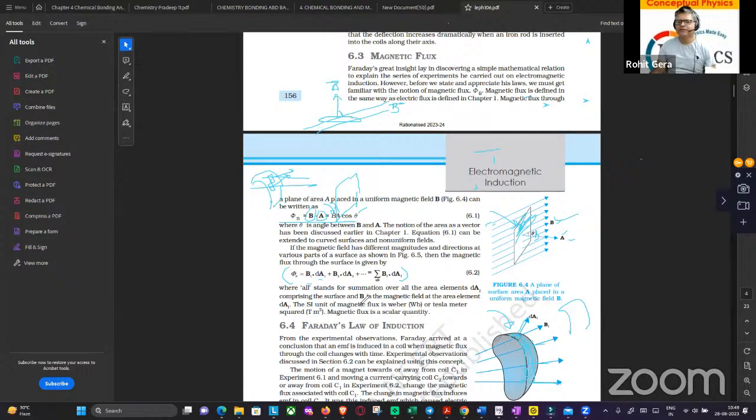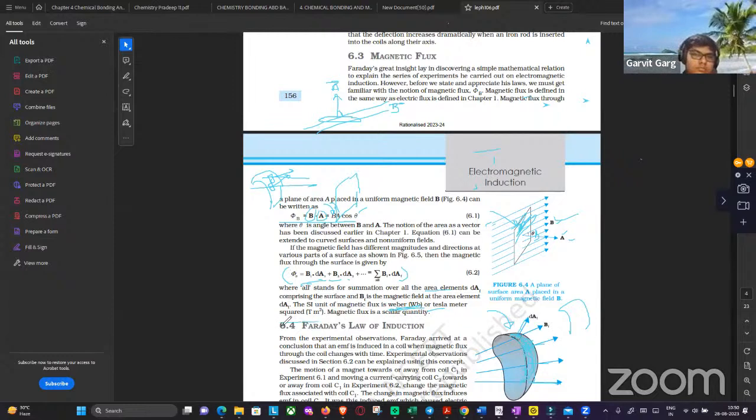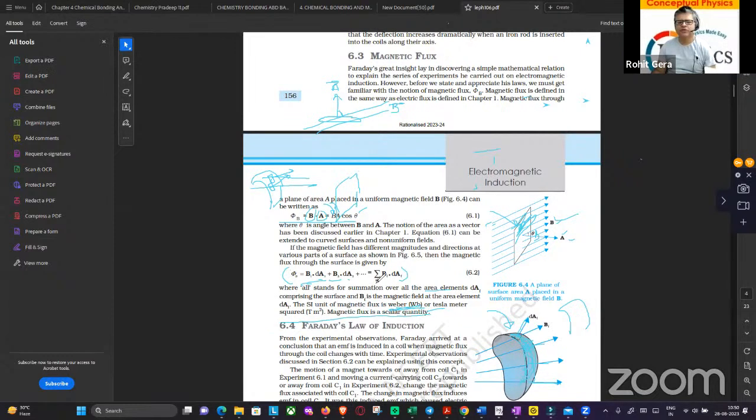The angle it makes with B is different. So you sum all of them, B dot dA, for the whole surface, dividing this surface into multiple parts. The SI unit of magnetic flux is Weber, and the magnetic flux is a scalar quantity, as you can see, it's a scalar product.